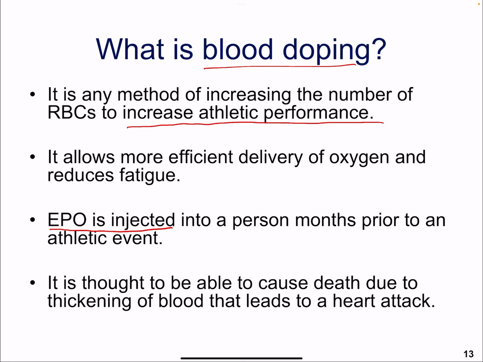However, in the case of blood doping, when an athlete is being injected with EPO, well, we decide how much to inject. A physician decides how much to inject. That doesn't take into account the physiological situation of the athlete.